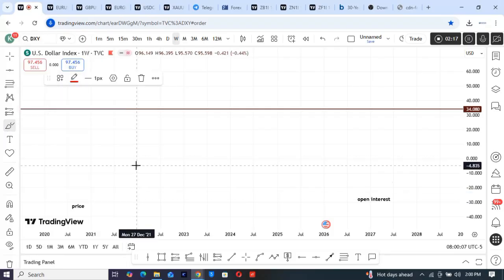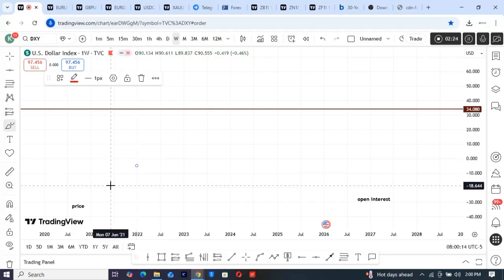We mentioned that the open interest is the fundamental side of things in the market, along with the commitment of traders and also the interest rates. What we have to know is that this tool is not actually the technicals.